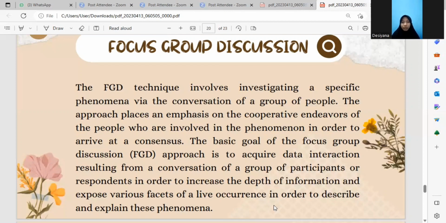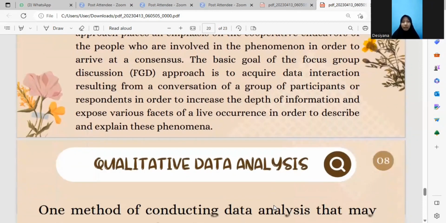The basic goal of the focus group discussion approach is to acquire data interaction resulting from a conversation of a group of participants or respondents in order to increase the depth of information and expose various phases of a live occurrence in order to describe and explain this phenomenon.